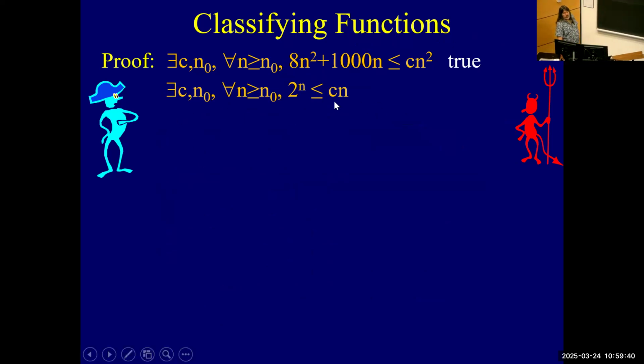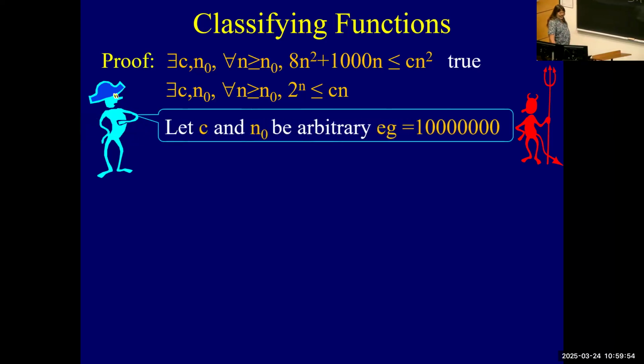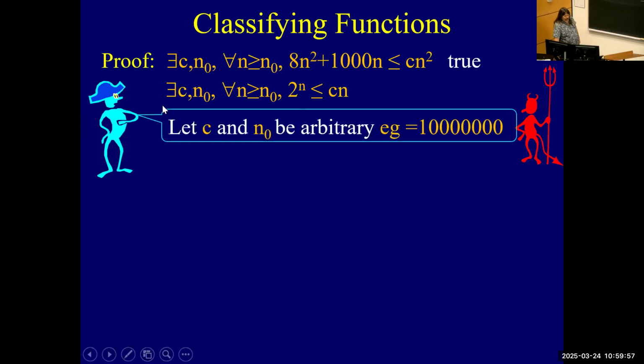So is this one true? n squared, is it big O of n? Come on, guys, it's not hard. So I come up with a C, some really, really big C, and I come up with some really, really big n naught. And then the adversary comes up with an n. What n is he going to come up with?